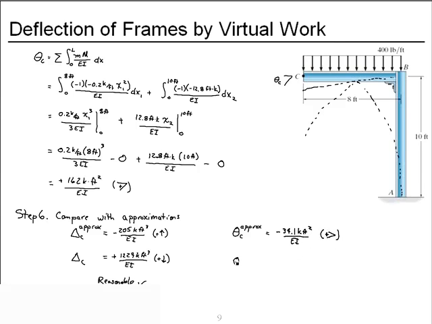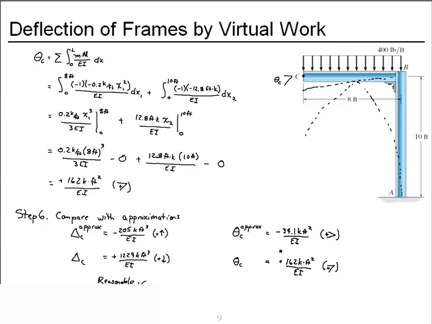And then we just saw above our prediction of a positive 162 kip-feet squared over EI, where positive is in the opposite direction.